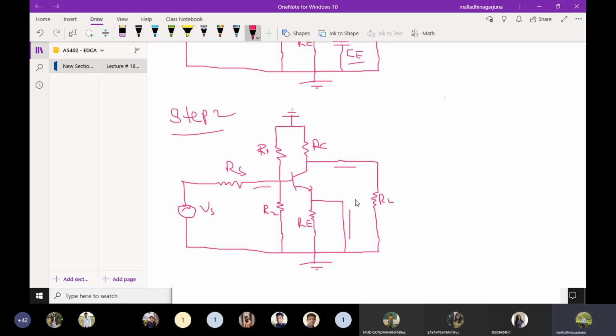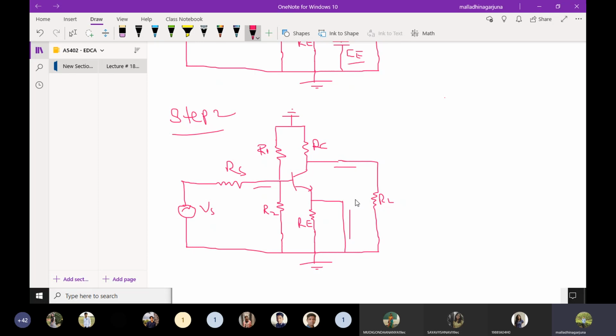What do you mean by active devices? There are two types of components, active components and passive components. A passive component means a component which cannot generate energy on its own.